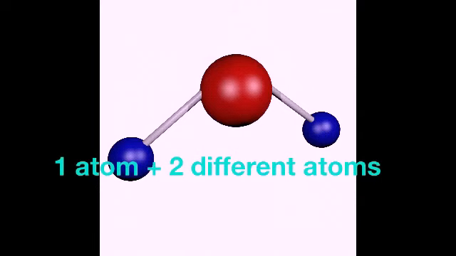You see 1 atom, let's take carbon, and 2 oxygen around it. They make a bond. This bond is the one that gives a molecule. When you see water, water is something tangible.